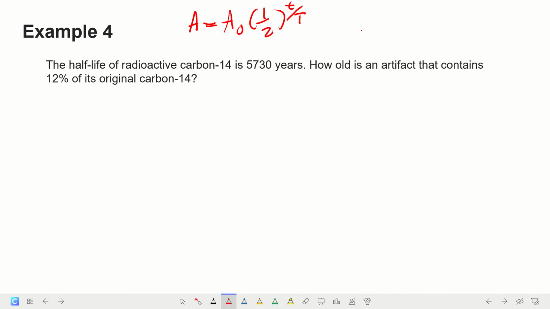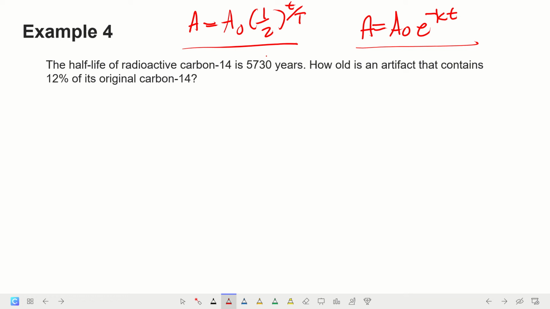Or we can use A is equal to A sub O times e raised to negative KT, since this is decay. Let's see if the value of time is the same when we solve using this one and using that one.